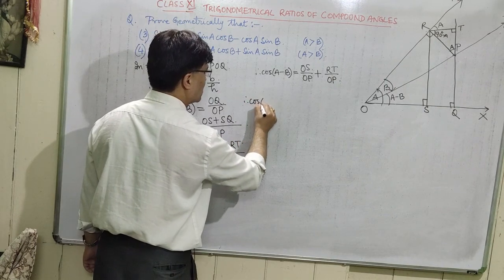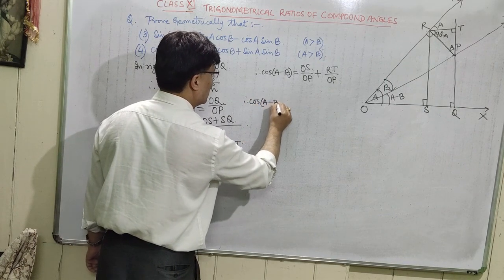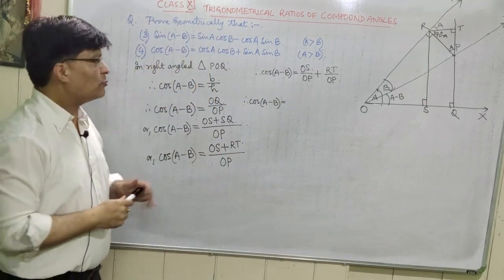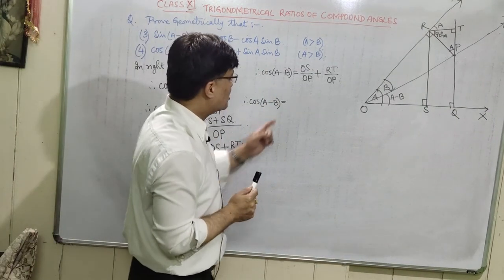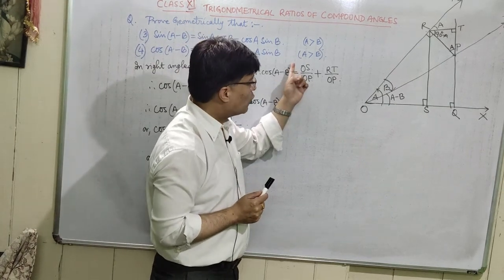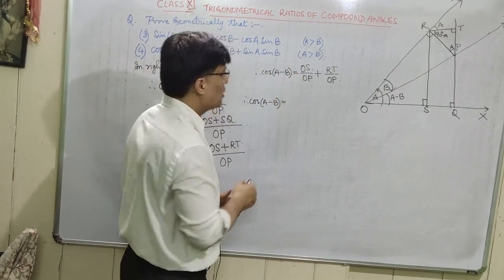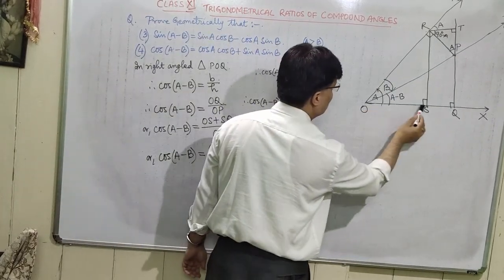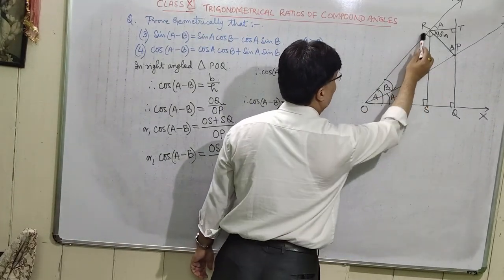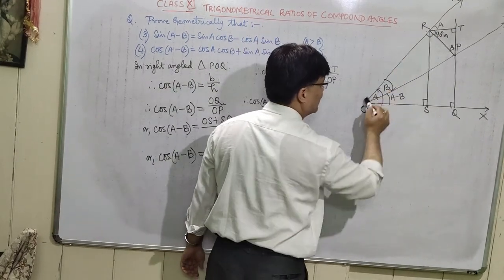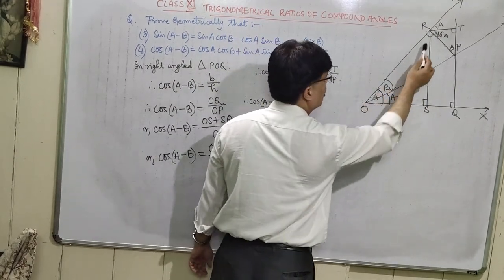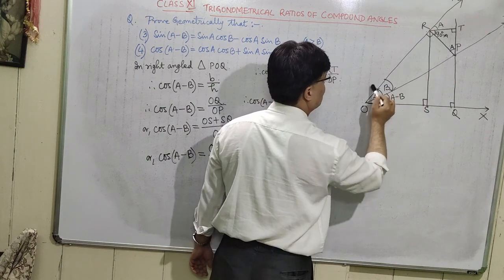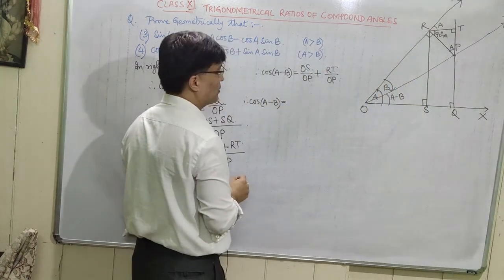Therefore, cos of A minus B is equal to, now what will you do in the next step? Now you have to check which straight line is intersecting both OS and OP. OS is this one, OP is this one. So OR, isn't it? So that a right angle triangle will be formed there. So this OS and OP both are intersecting straight line OR, right?